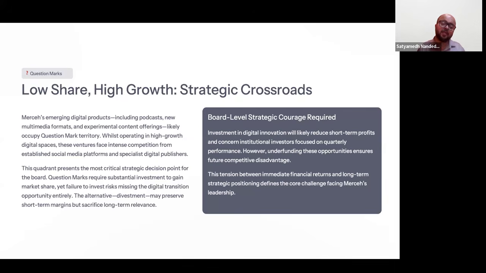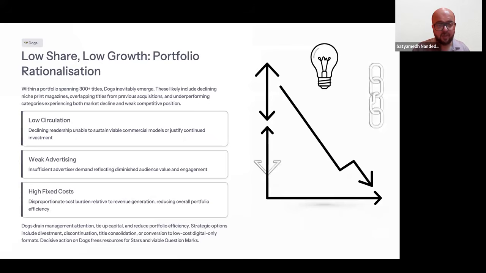You will have to spend some time in this particular market to understand whether growth is possible, will that growth be sustained, and is it possible for us to grow our market share. Okay, this is a strategic quadrant because you can't make a decision right now. You will have to strike that balance between immediate financial returns and long term strategic positioning. So only after establishing that balance will you work on the question marks.